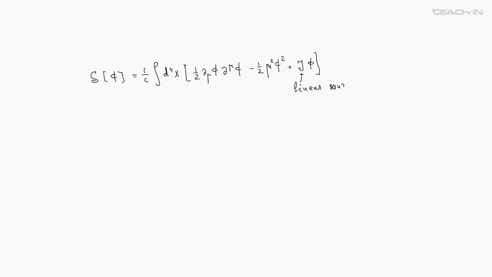Now, if you come back to our discussion of physical dimensions, and if you recall the dimension of the field phi, you can easily deduce the dimension of this source, recalling that the dimension of the action is the same as the dimension of h bar, the Planck constant, and the dimension of h bar is the same as the dimension of angular momentum.